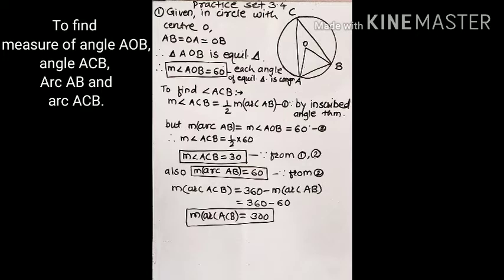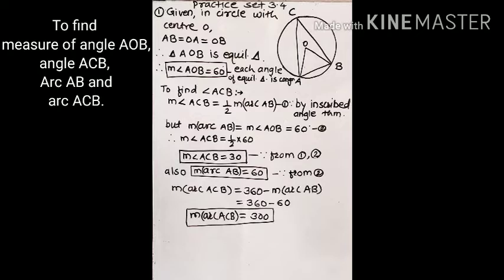Now to find angle ACB. See here, we are writing the formula. Angle ACB is an inscribed angle from the figure. So the measure of angle ACB depends on the arc AB, and that is half of the arc AB. But what is the measure of arc AB? The measure of arc AB depends on its corresponding central angle AOB.